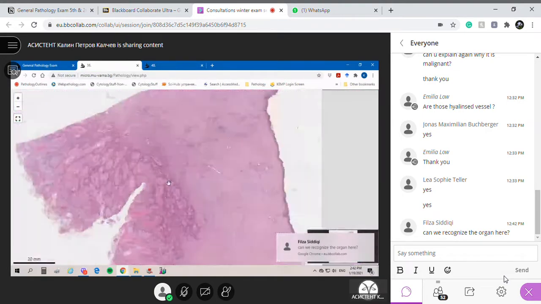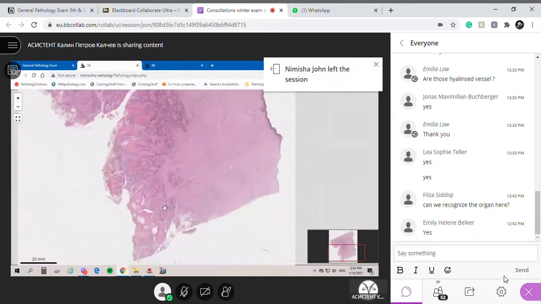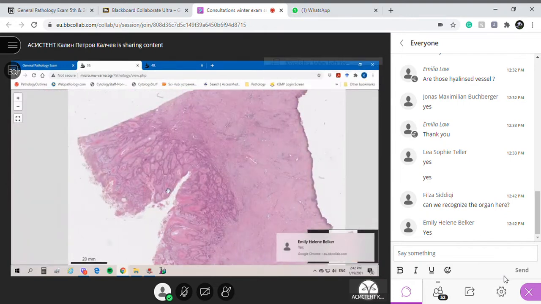Well, in this case, you cannot tell which is the organ because there is no organ structure here. It can be the skin, but it can be the cervix of the uterus, for example, or the tongue, or esophagus, or any other organ that has some dense connective tissue in it. You cannot tell what is the organ here.